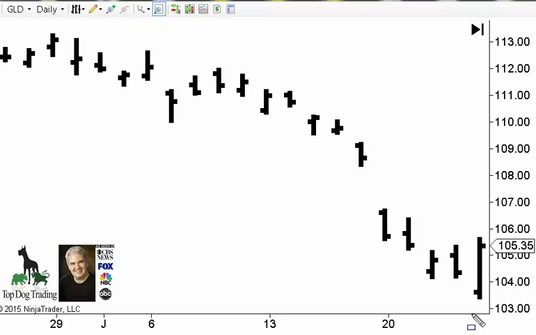So let's look at the hard right edge of the screen as it is. As we look at this last bar, if you'll remember, this is what we would consider a bullish bar. Primarily, in and of itself, it opens here and then it closes here. It's also wide range. Remember, that's a very important aspect of reading these bars: the range of the bar from the low to the high.